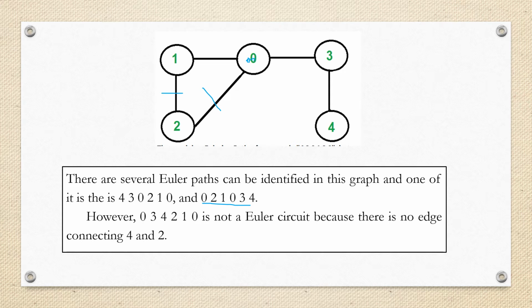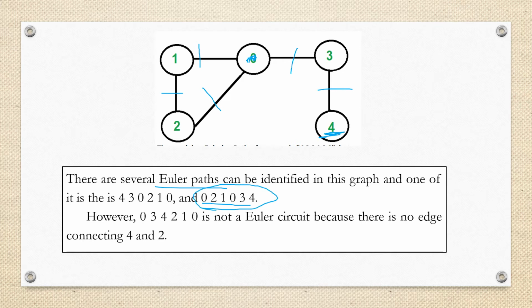Then from 1, we go to 0, so we use this edge. Then from 0, we go to 3. We use that edge. And then from 3 going to 4, we use this edge. Again, this is an Euler path kasi nagamit natin lahat ng edges ng isang beses lamang. And we started at 0, pero we end up sa 4.